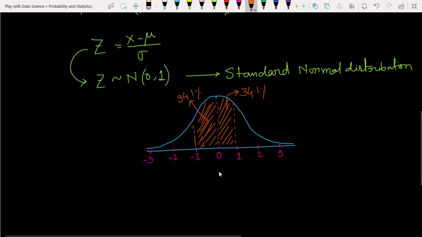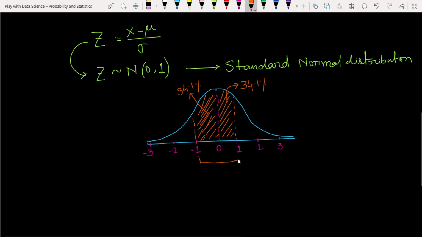Means on the total range of minus 1 to 1 we have 68.2% of the data.